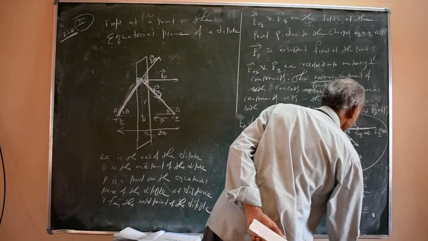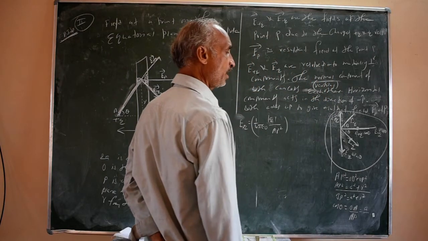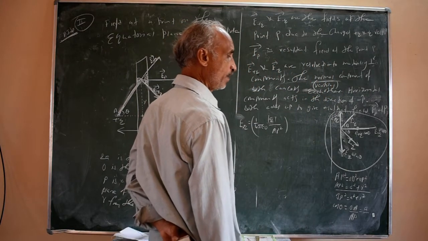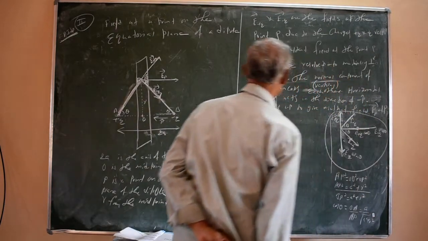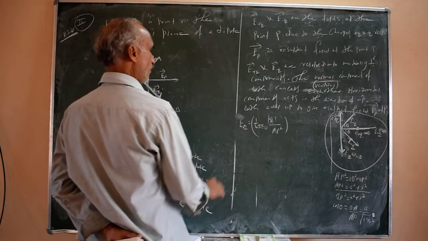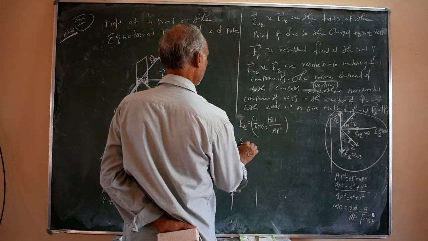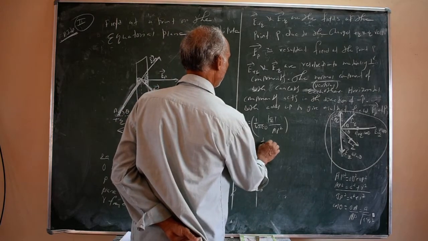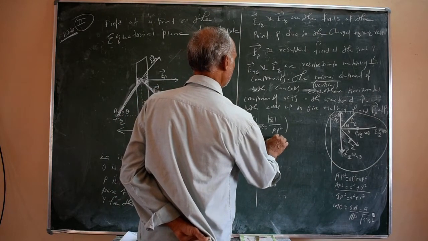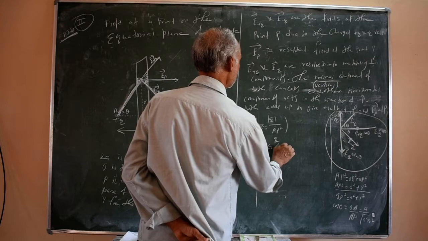OA is A, and AP square is A square plus R square. Therefore, AP is the root of A square plus R square. Therefore, E plus Q is equal to 1 upon 4 pi epsilon naught, Q upon R square plus A square.